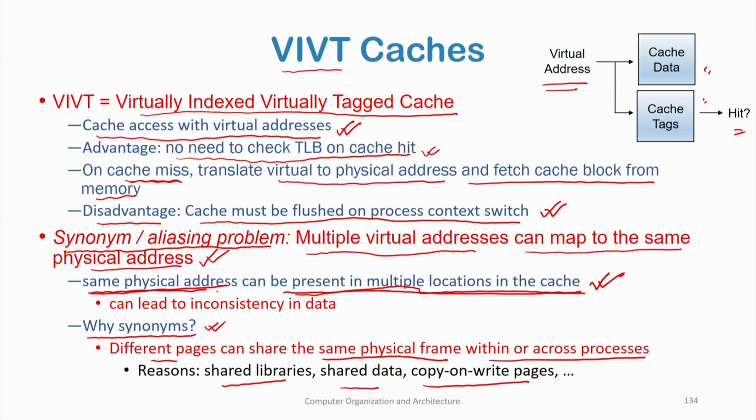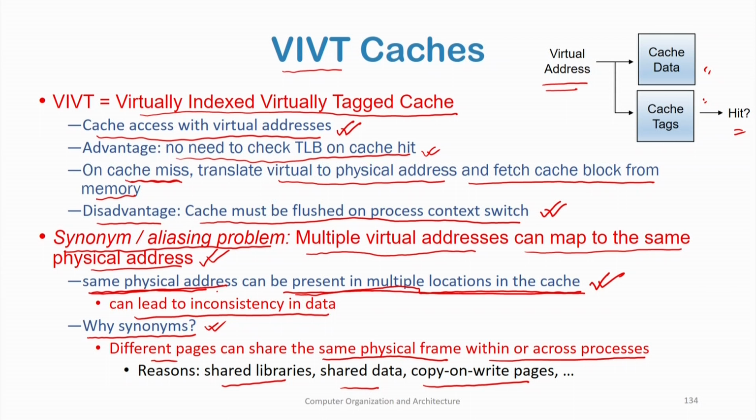Now, this may lead to potential inconsistency, because it actually means the same physical location in the physical memory. Suppose one virtual address writes into that data and the other one reads it. Now, I have two copies of the data in the cache, both meaning the same physical memory location.